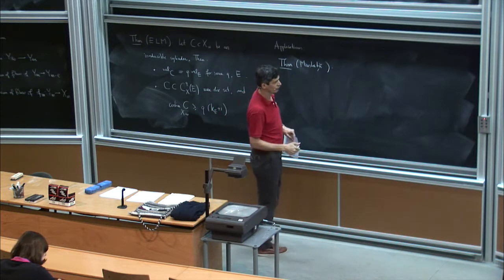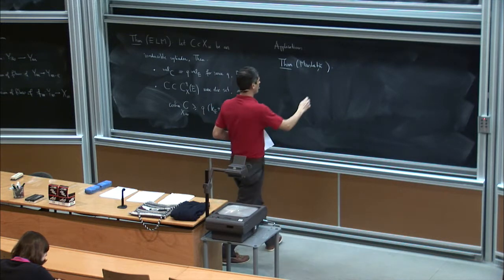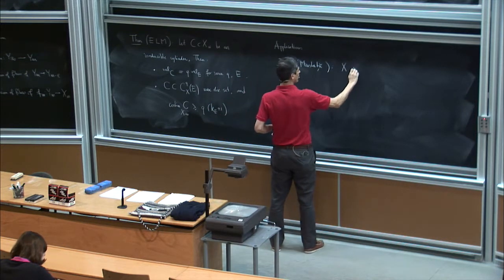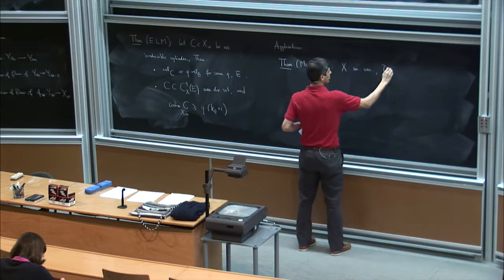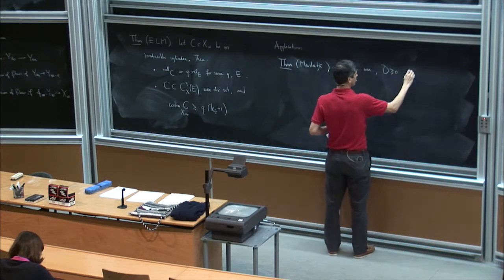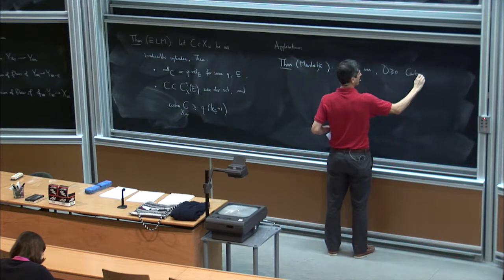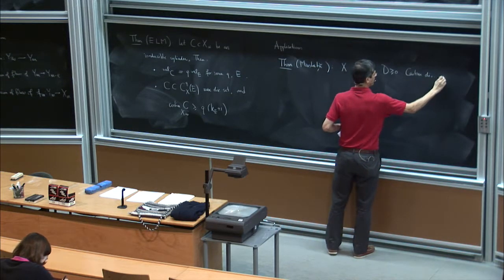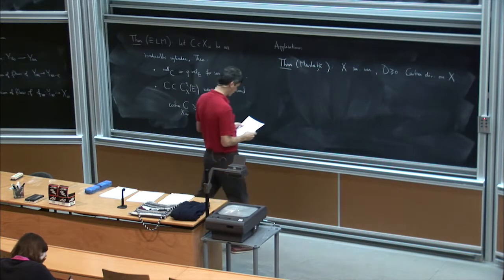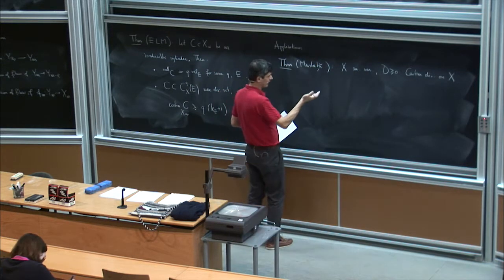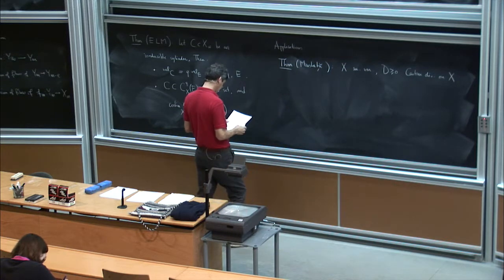Since I defined log canonical threshold for divisors, let me stick to divisors. So suppose X is a smooth variety, and suppose that D is an effective Cartier divisor on X, or more generally, any closed subscheme will do.